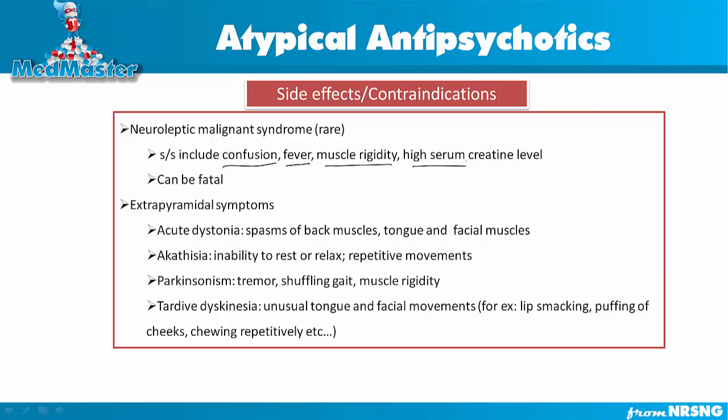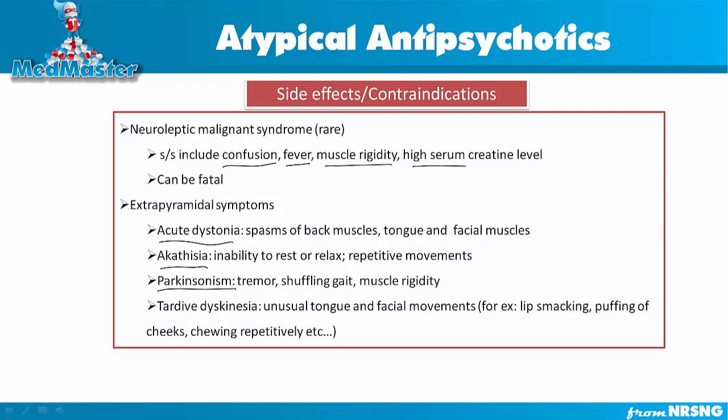The first one includes acute dystonia, which is spasms of back muscles, tongue, and facial muscle. Akathisia is the inability to rest and relax. They'll be doing repetitive movements with their hands, their feet, or some kind of movements, and they cannot rest or relax.